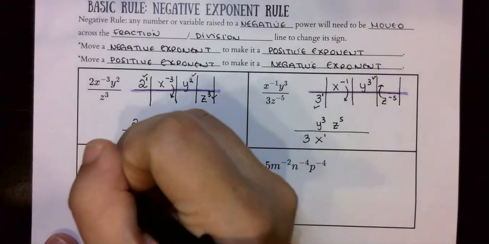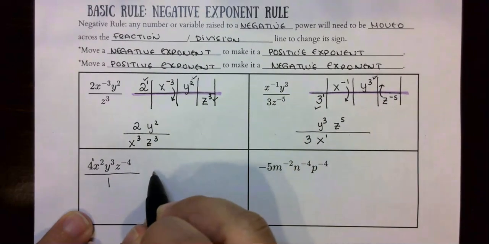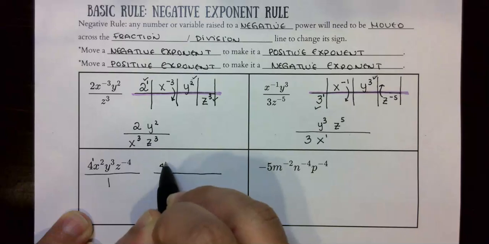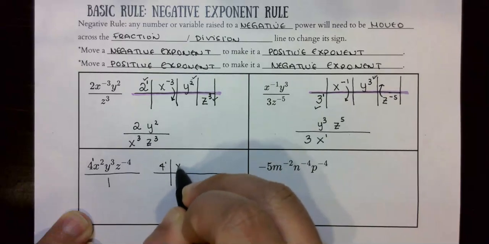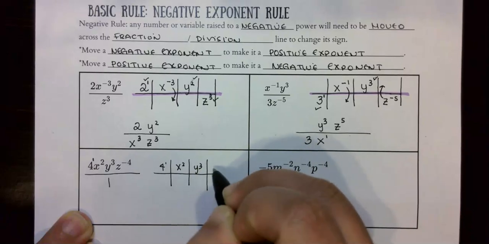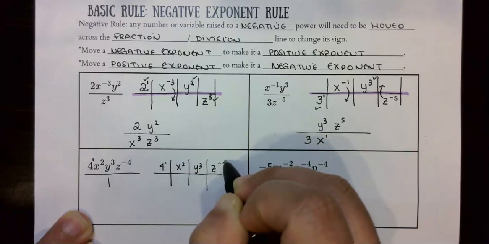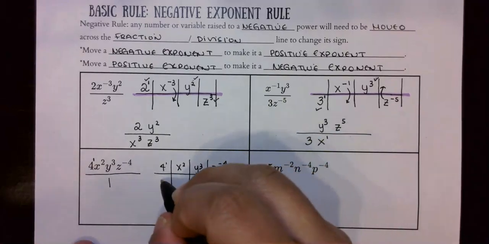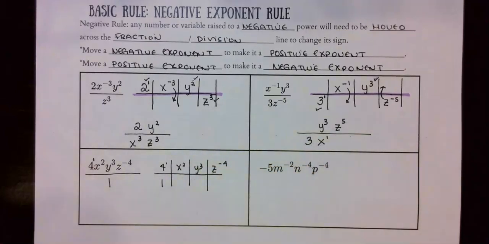So I'm going to separate this. Now you can rewrite it if you want to. I like to rewrite mine because I like my stuff to be spaced out. Okay. And because this is just a 1, I'm going to put it right here, because it's also a coefficient. It's not a variable, it's a coefficient.